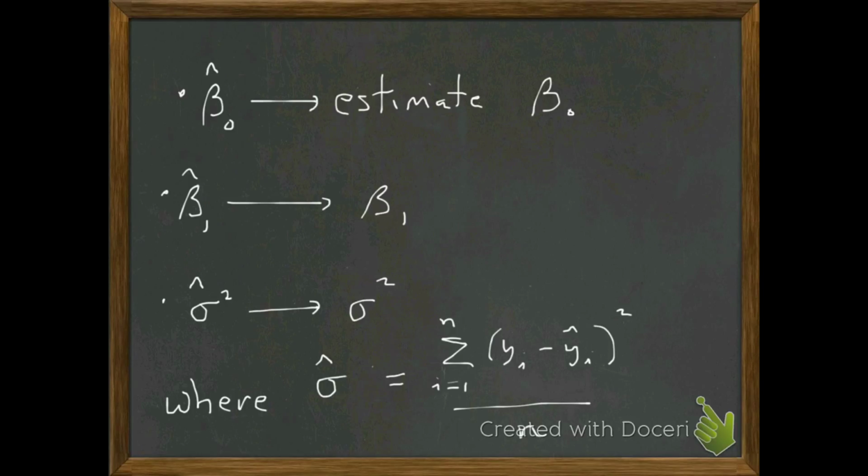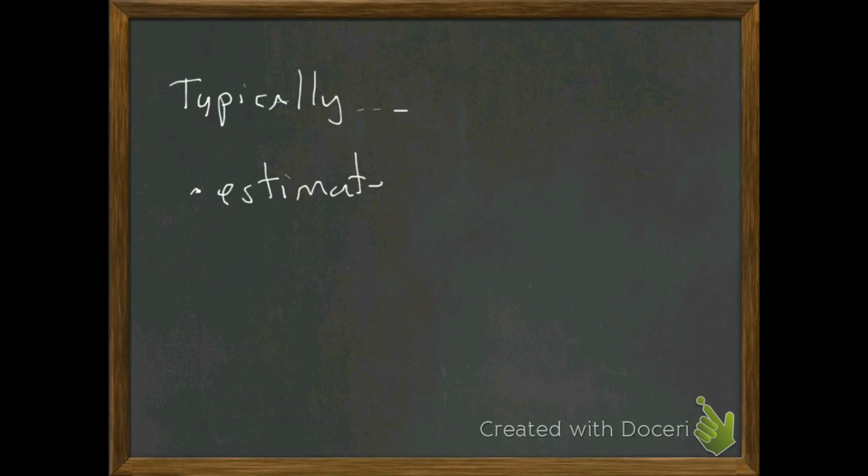Now, there's a problem with this. The problem is this is a biased estimator. And it's also not consistent with what I taught you in the previous lecture, where if we want to estimate sigma squared, we will use the mean square error. This is unbiased.